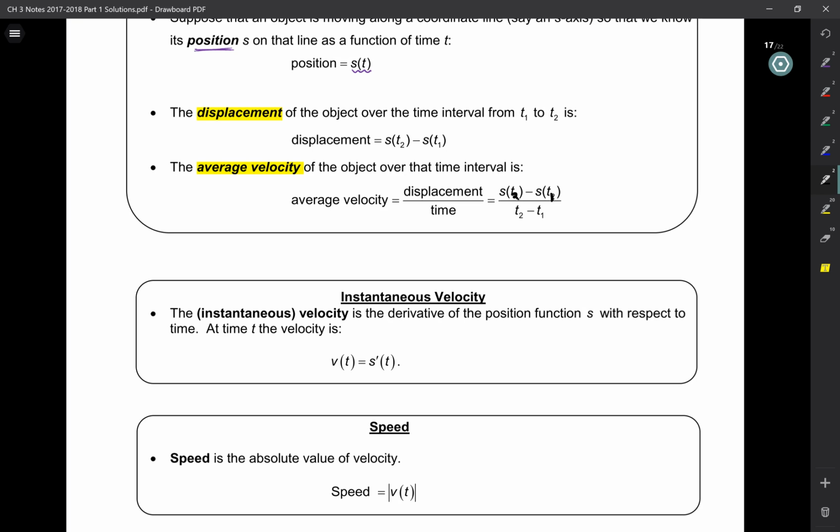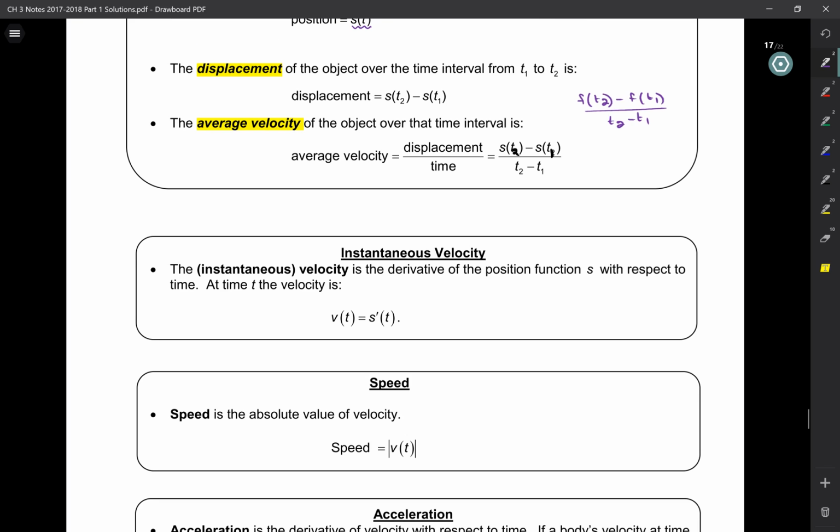Questions? So if the position is given to you as S of T, then it's S of T2 minus S of T1. If the position was given to you as P of T, then it would be P of T2 minus P of T1. If it was given to you as F of T, then it would be F of T2 minus F of T1 over T2 minus T1. So whatever the function is, the average rate of change is just that.